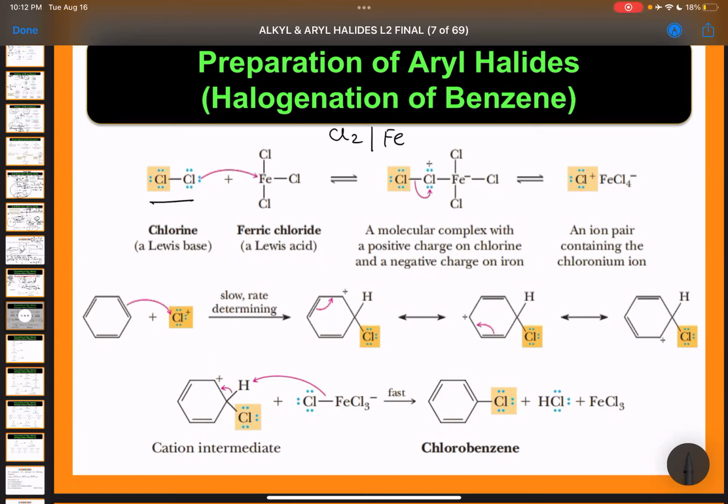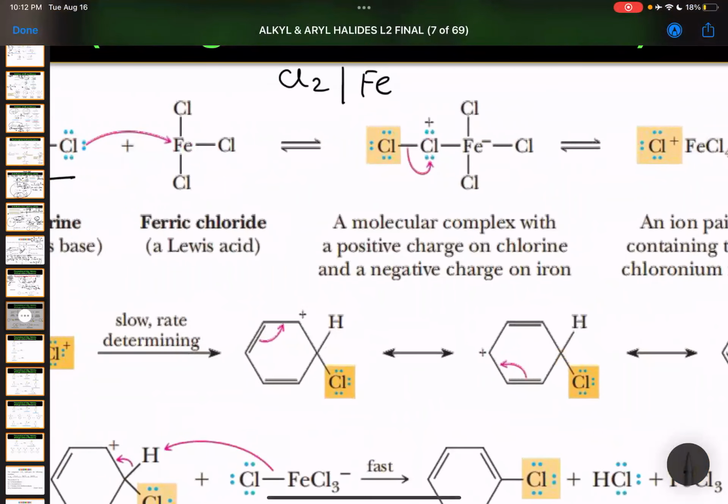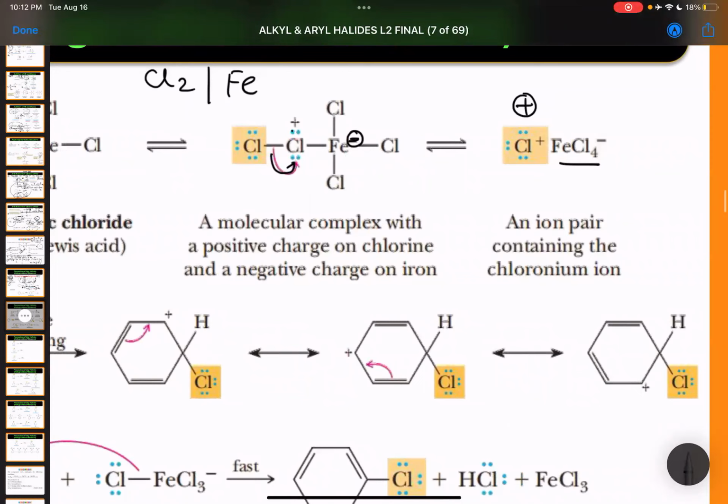One chlorine lone pair is taken away by the iron, and this undergoes heterolytic cleavage, and you get a positive charge on the Cl and FeCl4 minus.